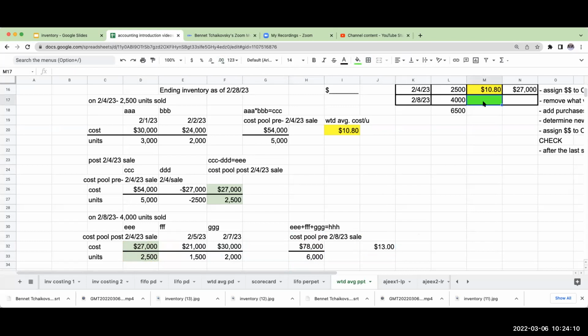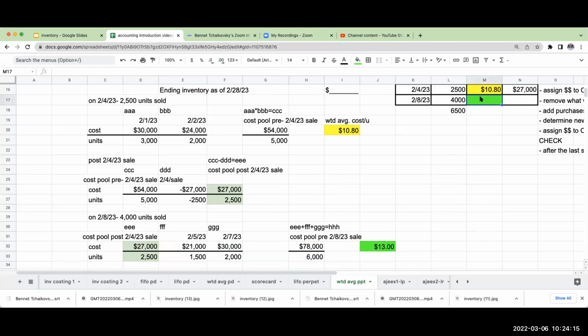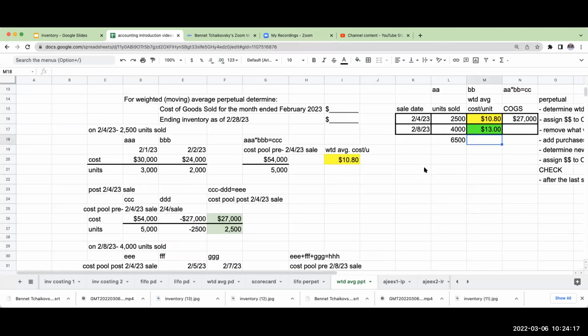Okay, so this is my $13 per unit. I'm going to assign this to my cost of goods sold. And let's put this over here. So I've got 52,000.